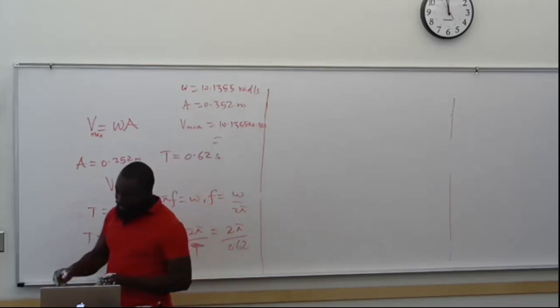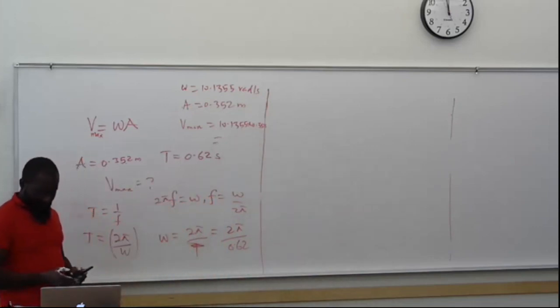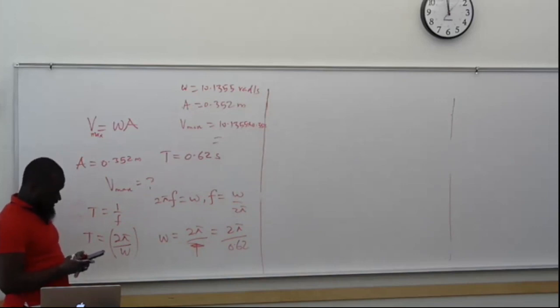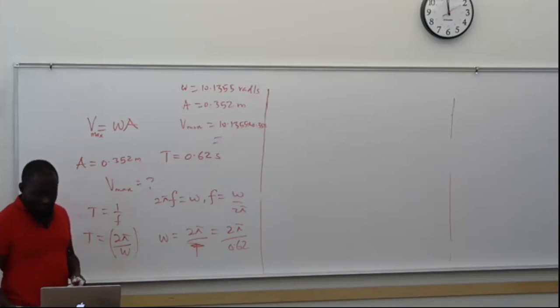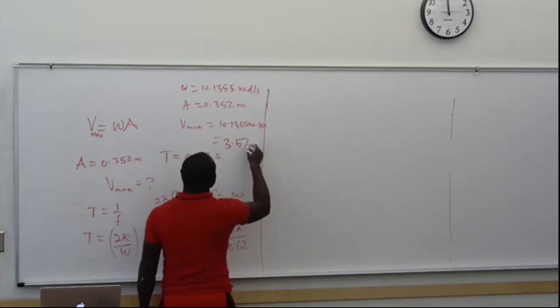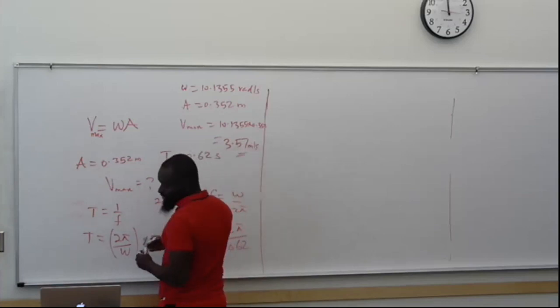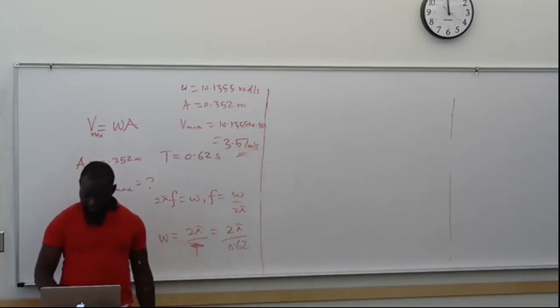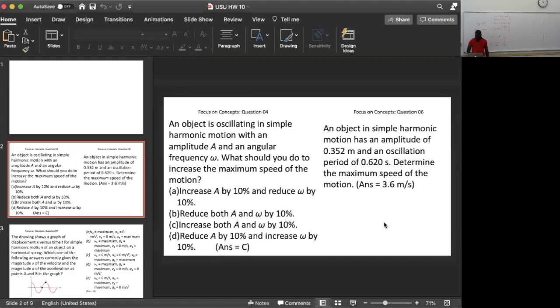And what does that give us? 3.57 meters per second. Let's make sure that is what they have there. So I go back to share. 3.6 meters per second, approximately. So that's correct. So let's go to the next problem.